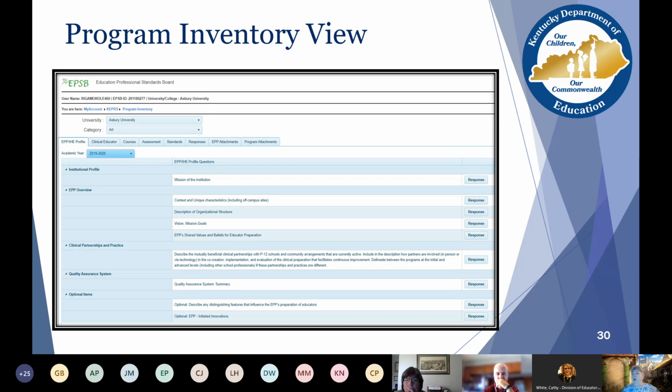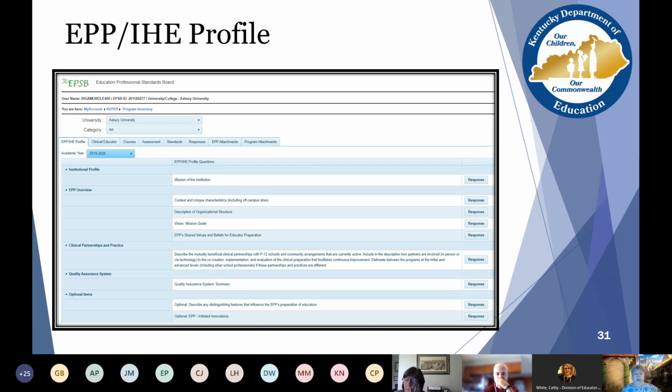The EPP Profile provides information about the mission of the institution, the vision, the clinical partnerships, the quality assurance system, and some other optional information that just gives an overview of the institution and the EPP.